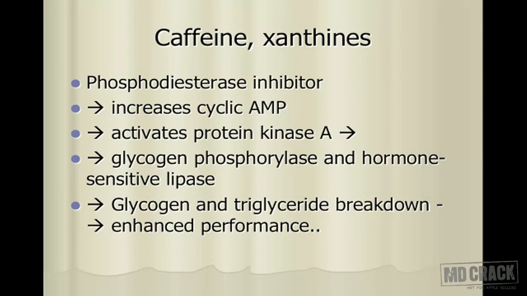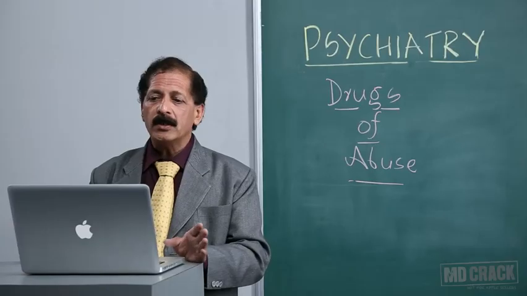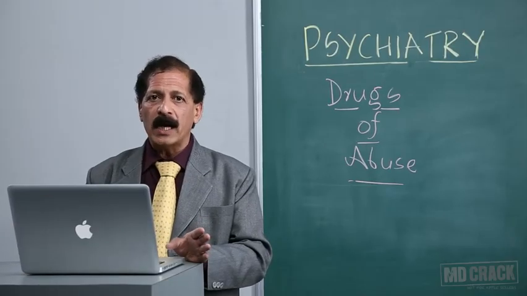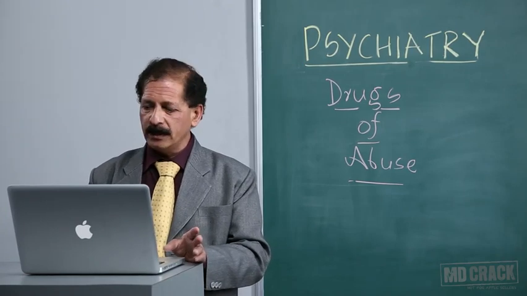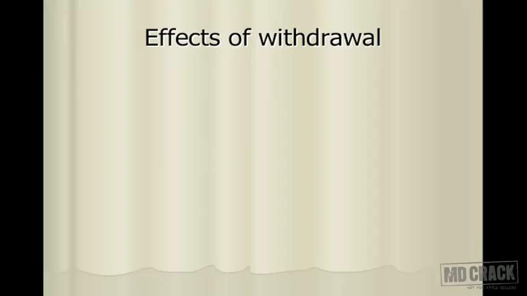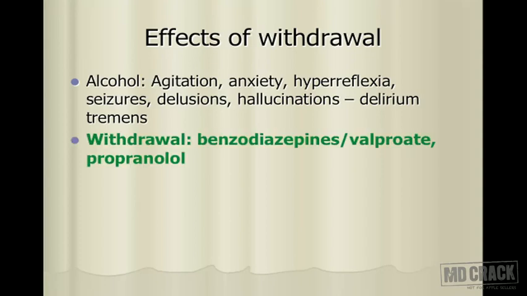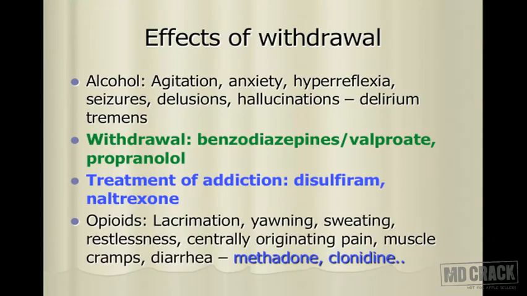Because the glycogen is broken down and the triglycerides are broken down, you get an increase in the performance. So I was just trying to explain to you the mechanism of action of caffeine and xanthines.